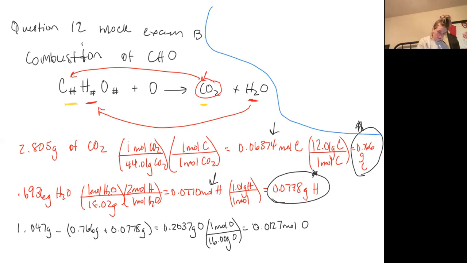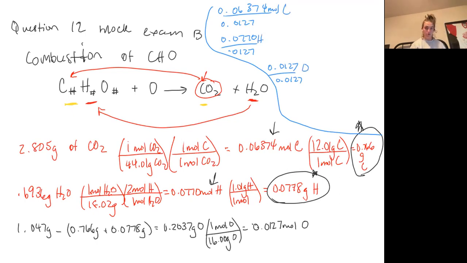So we'll take 0.06374 moles and divide this by 0.0127, 0.0770 divided by 0.0127, and 0.0127 divided by 0.0127. We're taking each of the moles that we found previously and dividing it by our smallest number of moles.